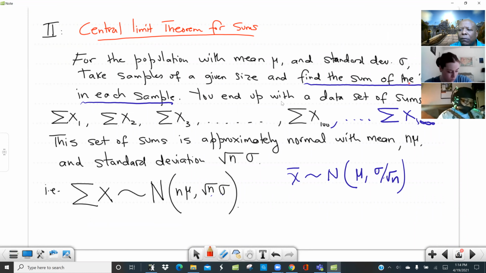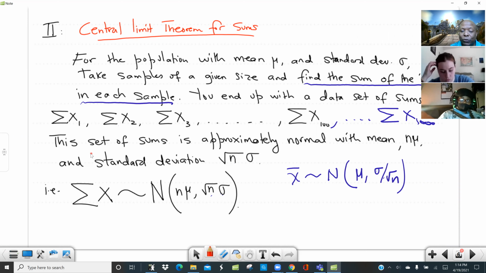You find the sum of the items in each sample. If there are ages, you add up the ages in each group. If there are IQ scores, you add up the IQ scores in each group. You end up again with another data set of sums, each value from a sample.